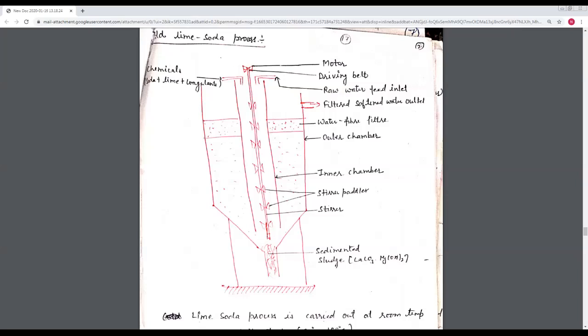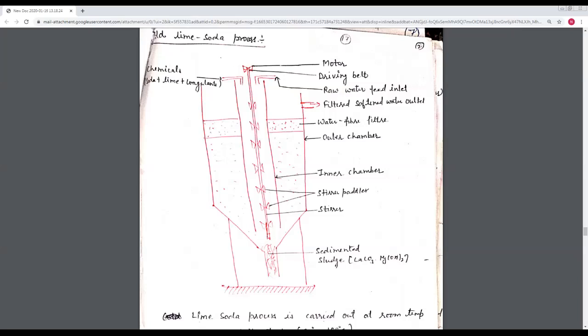These settle down in the conical part due to the sedimentation process, and the sludge is found in the form of calcium carbonate and magnesium hydroxide. If any impurities are still present, they are filtered and absorbed by the fiber filter, and here we can collect the softened water.